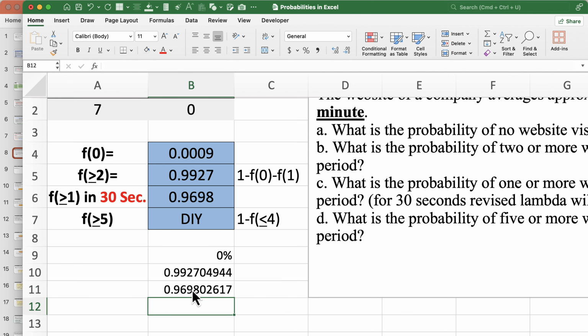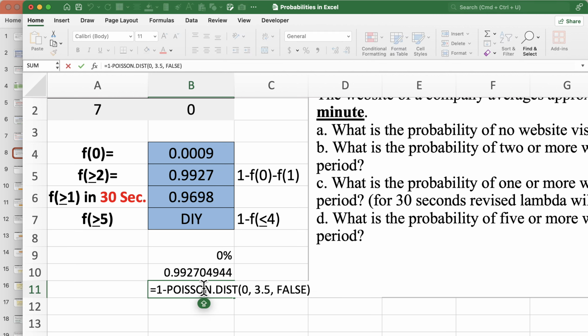So that gives us this probability, 96.98%. Again, as you can see, this highlighted part gives us the probability of 0. And when we subtract it from 1, that gives us the probability of everything except 0, which means the probability of 1, 2, 3, 4, 5, 6, whatever it is. And that's exactly what the question is about, the probability of 1 or greater.